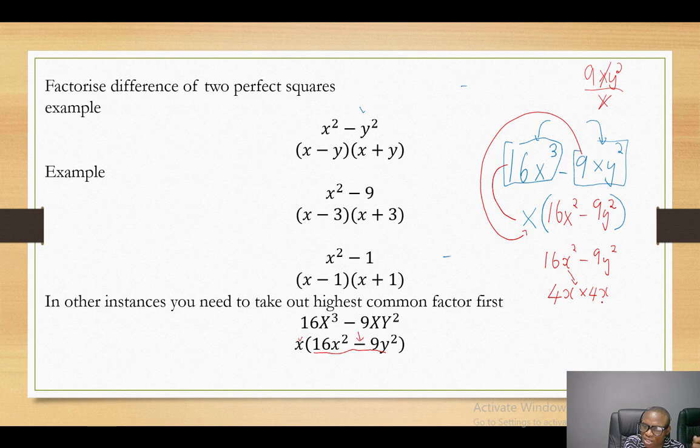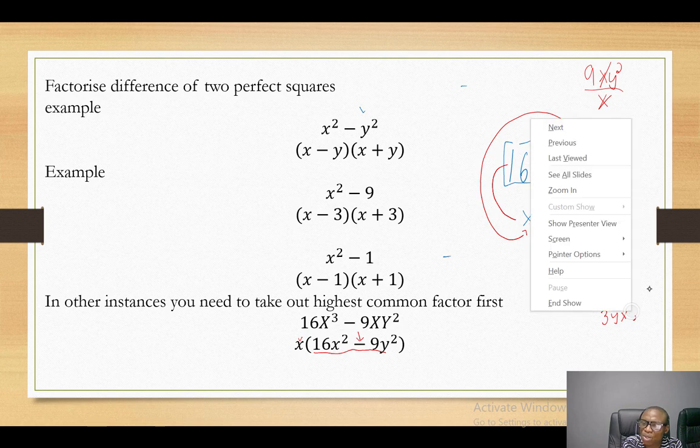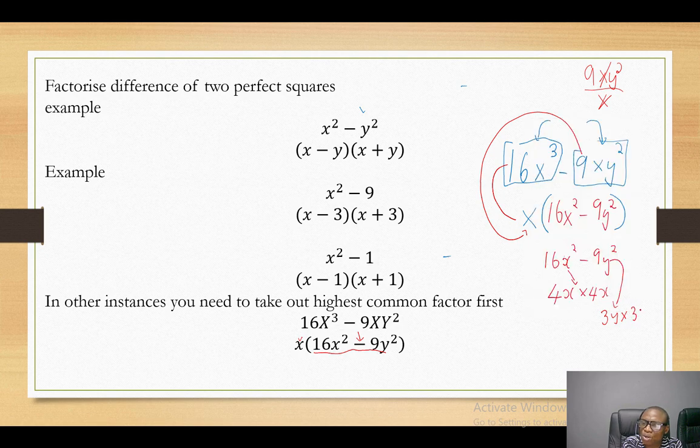X by x, it's x squared. So 9y squared is 3y times 3y. So 9y squared is also a perfect square. So we can factorize 16x squared minus 9y squared as the difference of two squares.